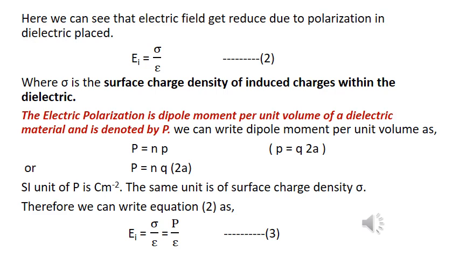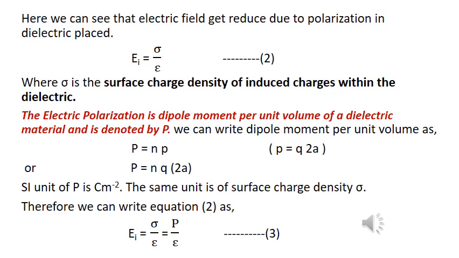And now we can define the electric polarization and write its expression. The electric polarization is dipole moment per unit volume of a dielectric material and is denoted by capital P. Here we can write dipole moment per unit volume as P is equal to N into small p.